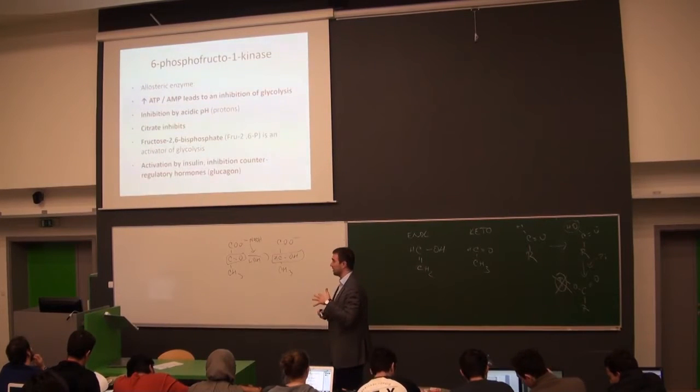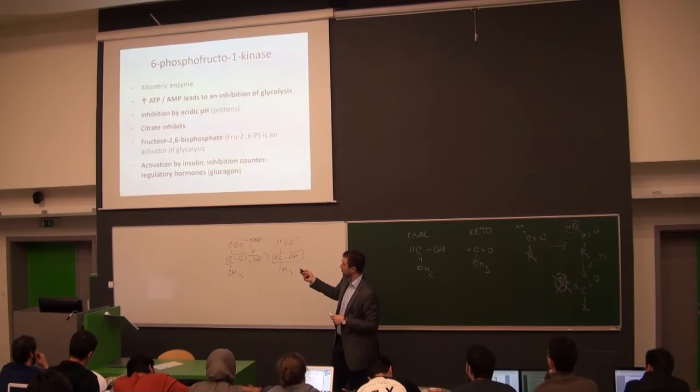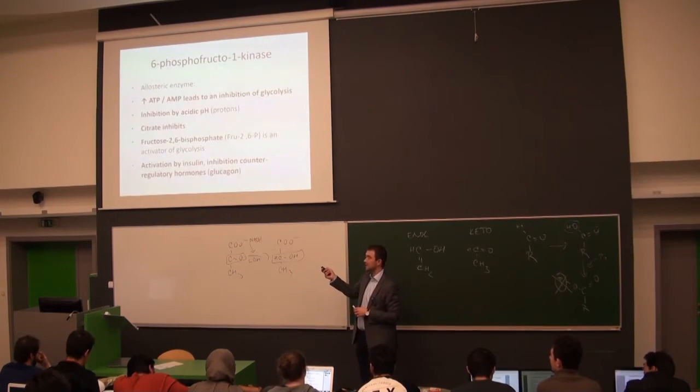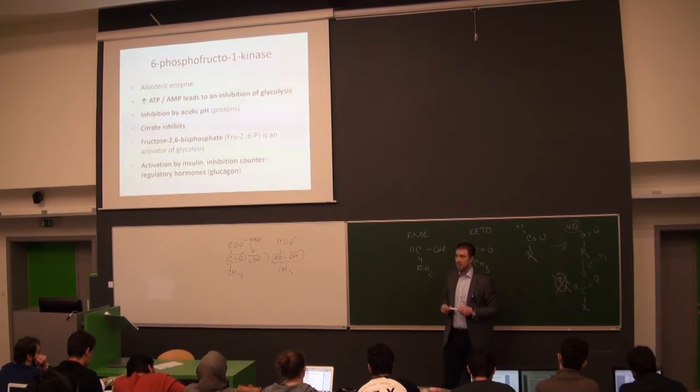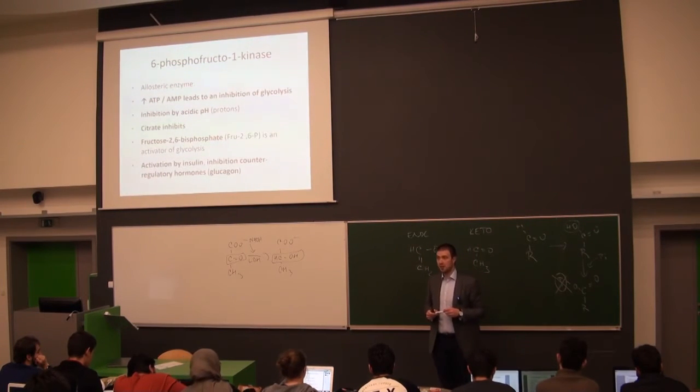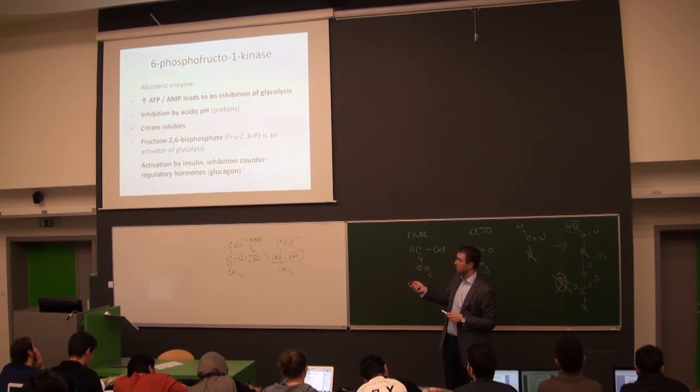The activity of this enzyme is regulated by the counter-regulatory hormones and by insulin. What insulin does is dephosphorylate the enzyme, leading to the production of fructose 2,6-bisphosphate.